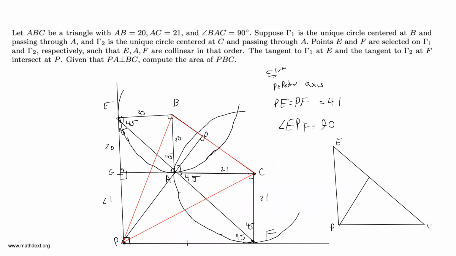We've learned that it's an isosceles right triangle, and that this side length is 41 and this side length is 41. Also note that BE is 20, BA is 20. So since this is a 45, 45, 90 triangle, AE is 20 square root of 2. And similarly, AF is 21 square root of 2 because ACF is a 45, 45, 90 triangle.